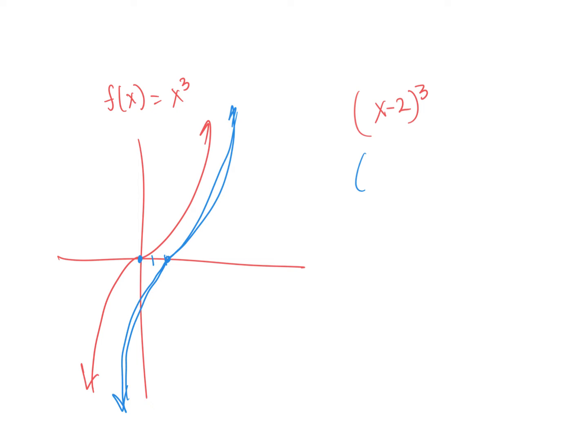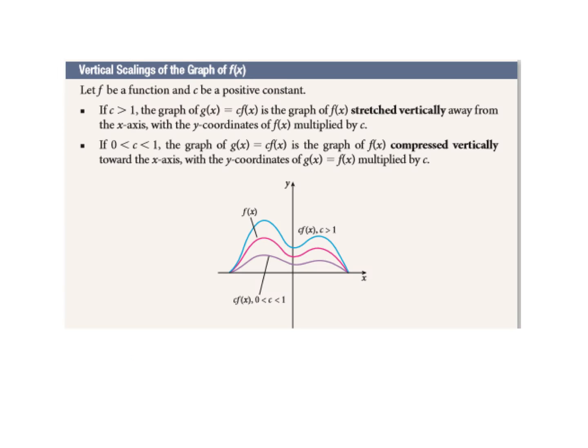If I took x cubed plus 3, then it would go up 3 on the y because it's outside the cubed. This is inside the cubed. It'd go up 3 on the y, and then it would go like that. So any function at all, it works like this.